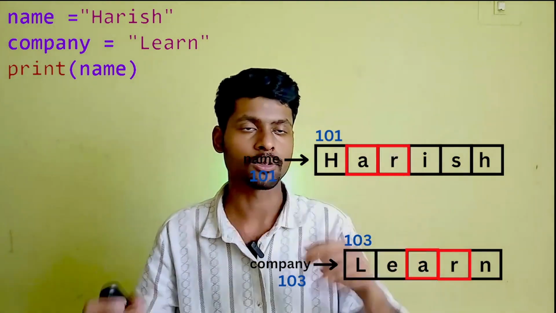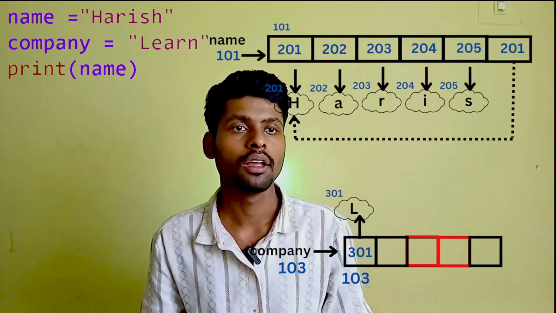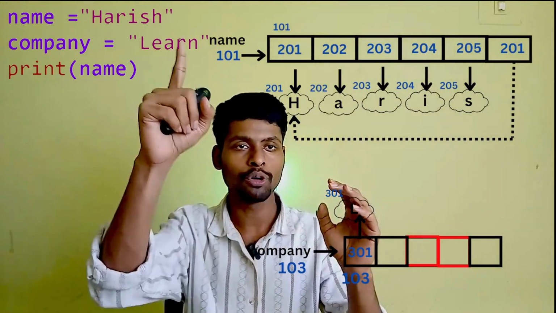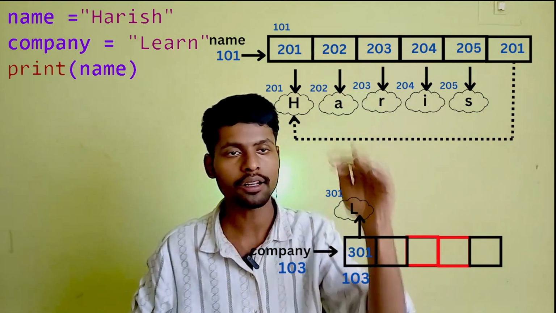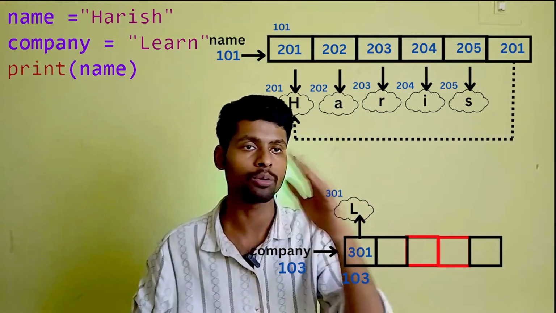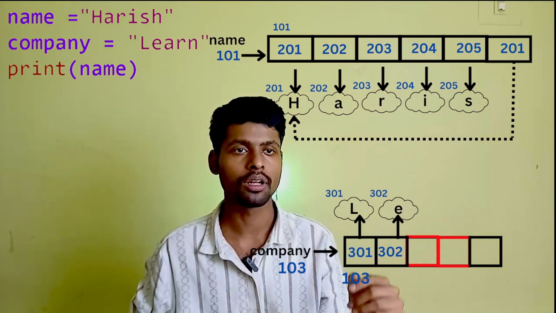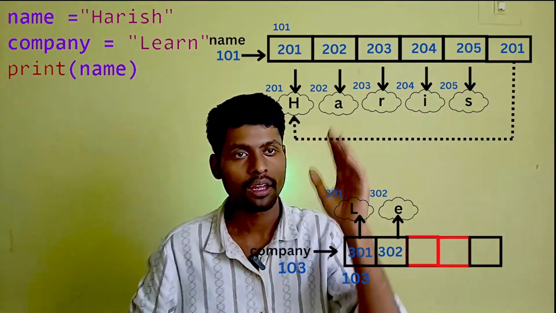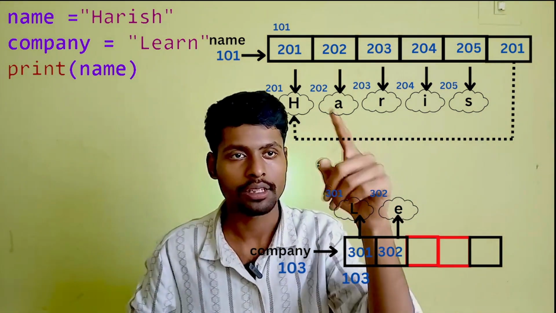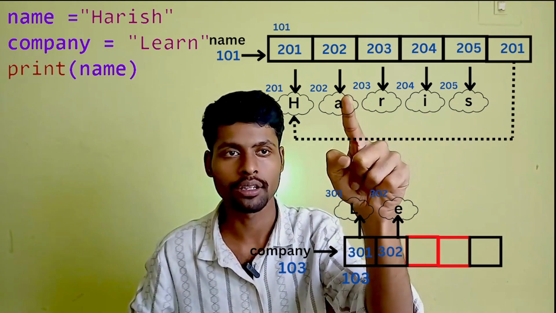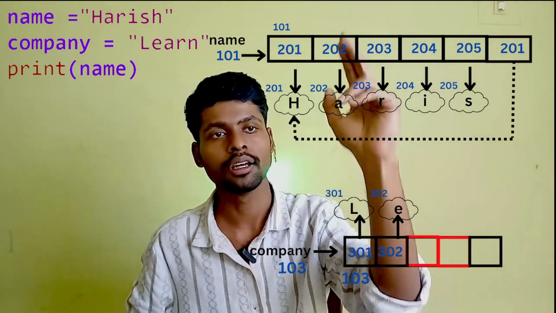Let's trace this code. First, before storing the L, it will check whether the L already exists in the heap segment. No, so the L is stored. Next, the E is stored. And next we have an A. Then it will check before storing. Yes, the A character already exists in the heap segment.